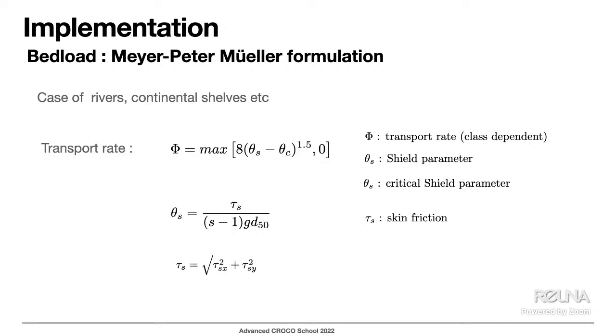So for this formulation, we compute this transport rate, where θ is the Shields parameter, so the instability of the sediment, and there is also a critical shear there. And what we use to compute this Shields parameter is the shear stress of the fluid.